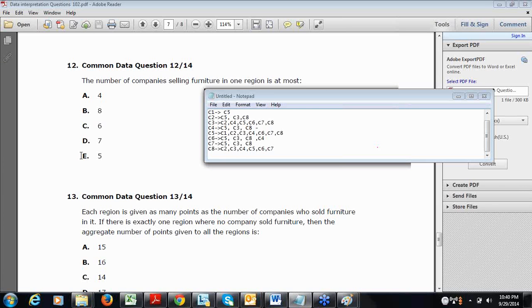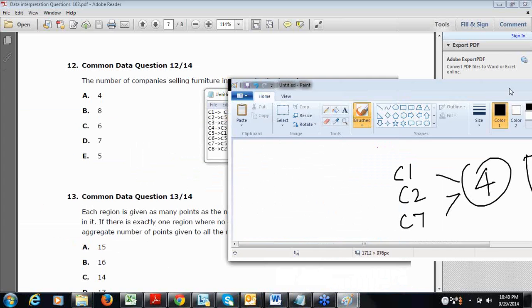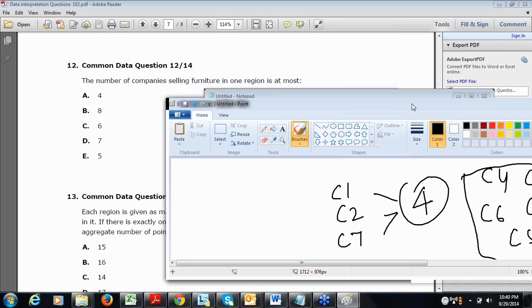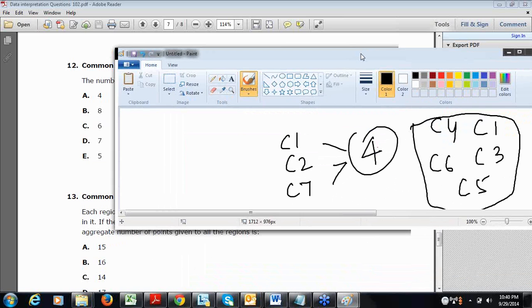Got it everybody? No. Okay. The question that has been asked is the number of companies selling furniture in one region is at most what? If we consider one region in which C1, C2 or C7 is there, the maximum number of companies that can be in that region would be 4.